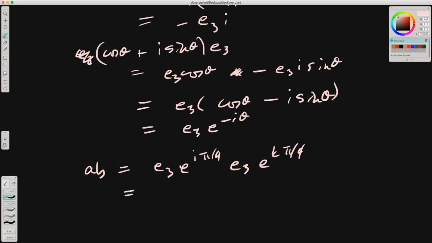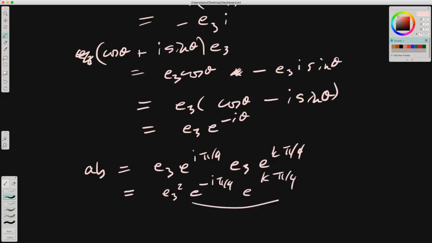There's probably an IJK equivalent in quaternions for the unit bivectors. I may not have the same conventions for which is which. So if I anti-commute these, I have E3 squared times e to the minus I pi by 4 times e to the K pi by 4.